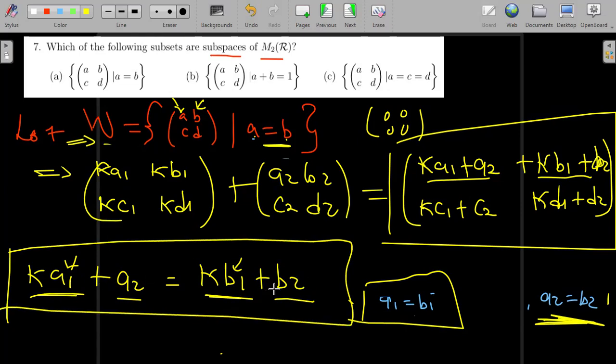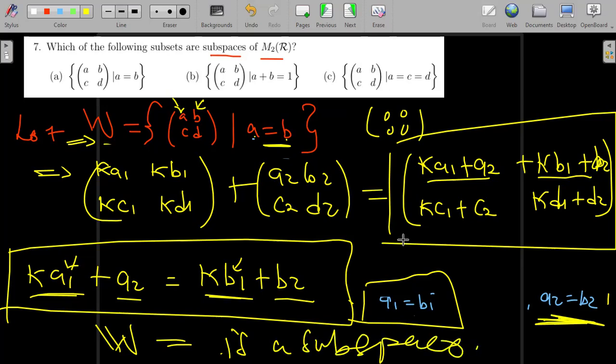Since the right and the left are equal, we're going to say yes, the closure rule passes there. So this W is a subspace, or we can say it's a vector space. That's all.